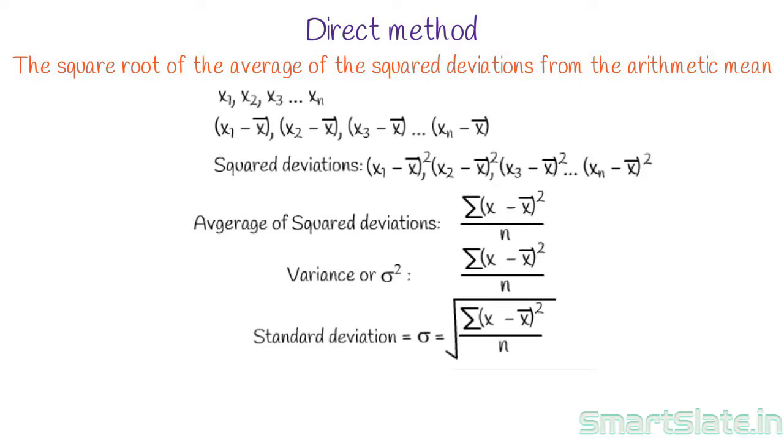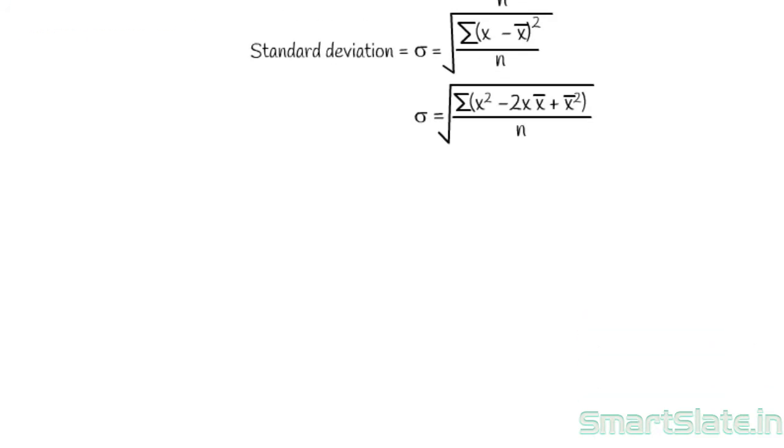Hence, sigma is equal to square root of sum of (x square minus 2x x bar plus x bar square) divided by n. We can arrange this as sigma is equal to square root of sum of x square by n minus sum of 2 x bar x by n plus sum of x bar square by n.